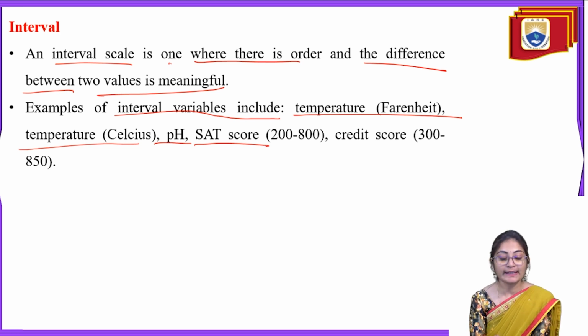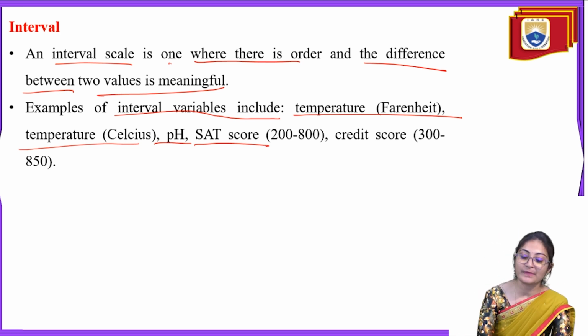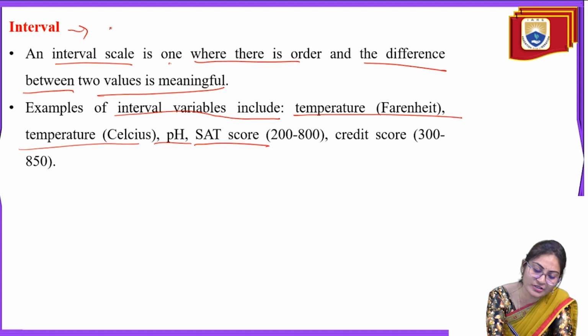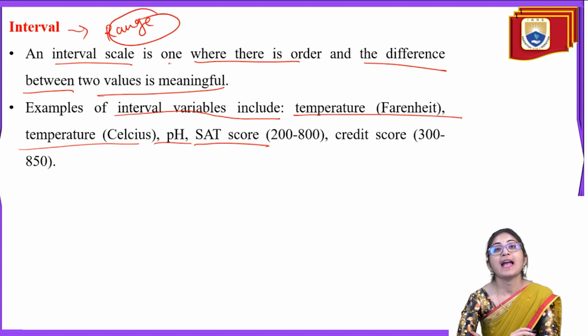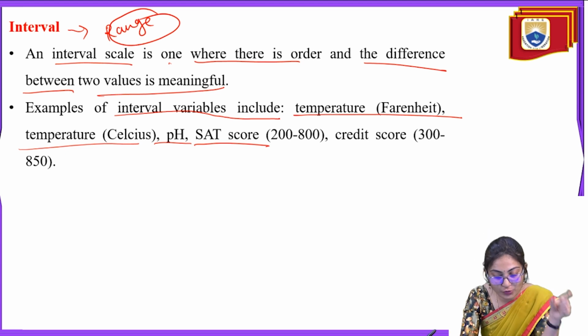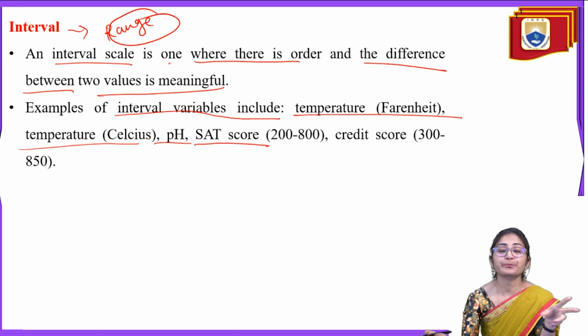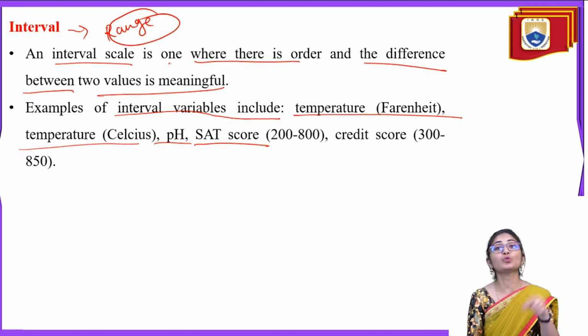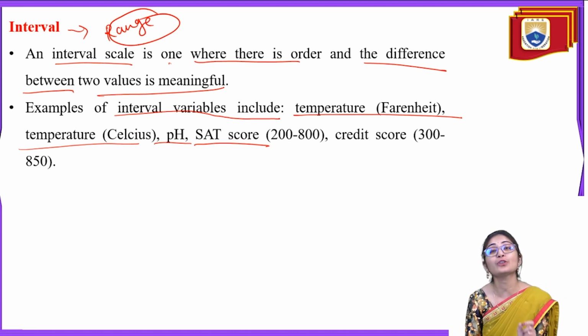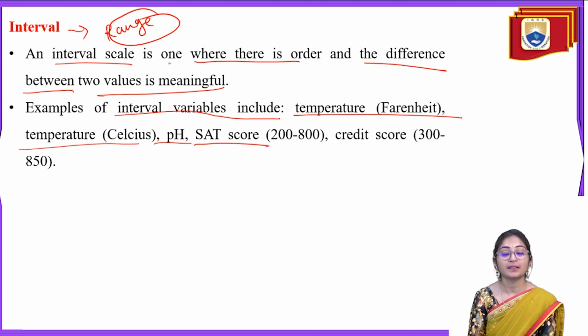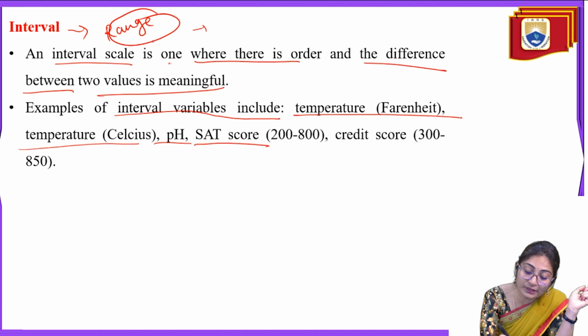So here in the interval scale, we can say the range. It will show the range and it will show the order. There is an order, and definitely if there is a difference between two values, then there is a meaning for that difference. So this is the interval, and that difference will show the range.